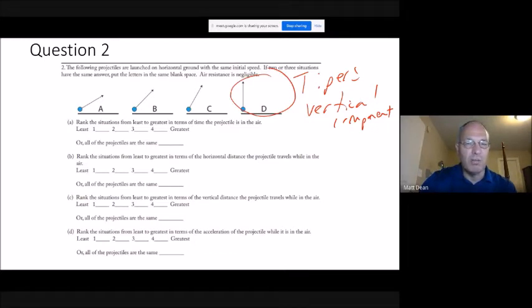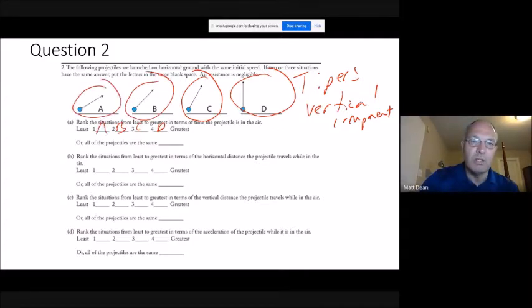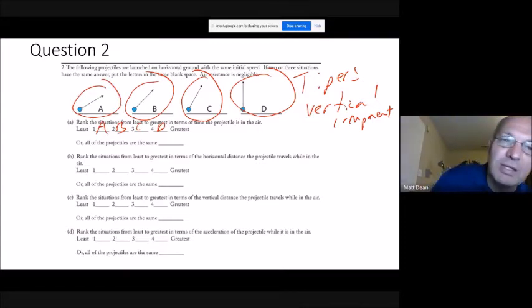There's no horizontal component to that velocity. That means that one's going to go straight up and stay in the air the longest. This one's the next most vertical, so it's going to stay in the air the second longest. This one's the next most vertical, and then this one is the least vertical, so it will hit the ground first. So from least to greatest: A, B, C, D.